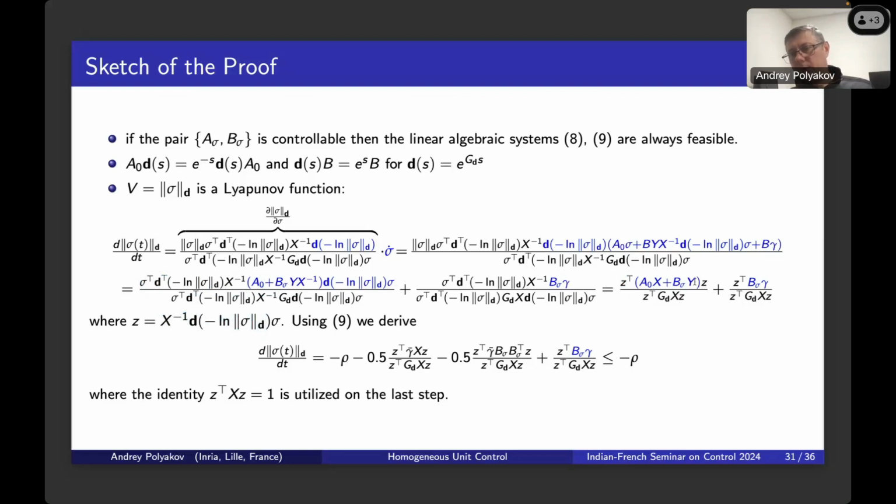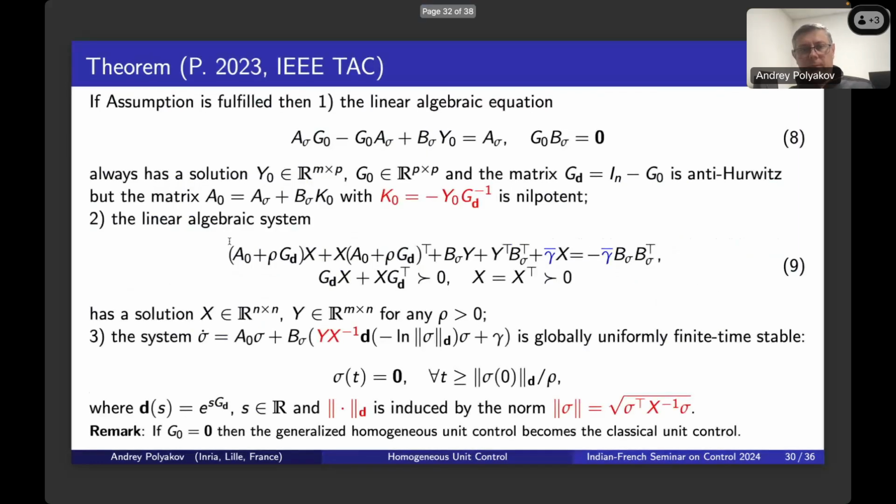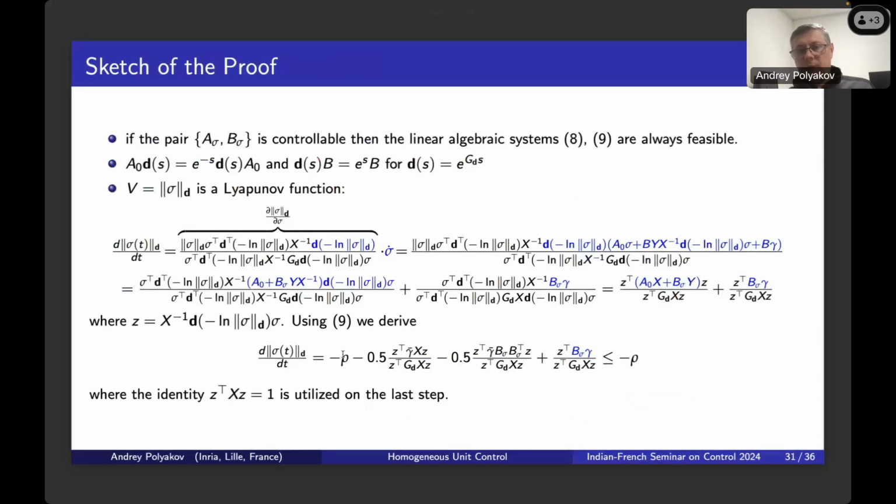But if x and y are defined from this algebraic equation, then this fraction gives us just a constant minus rho. So this just identically equals minus rho. For the second part, with the perturbation, we use the usual analysis and some estimates for gamma, just adding and subtracting some terms.